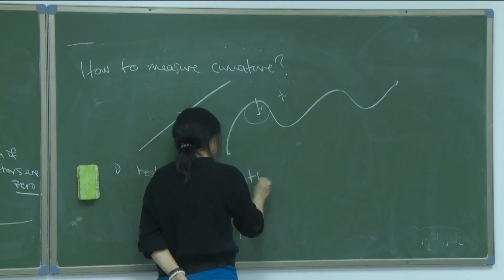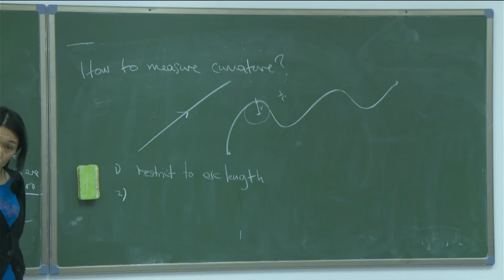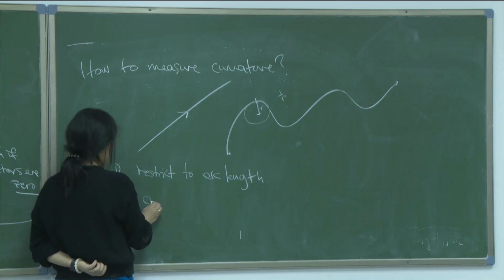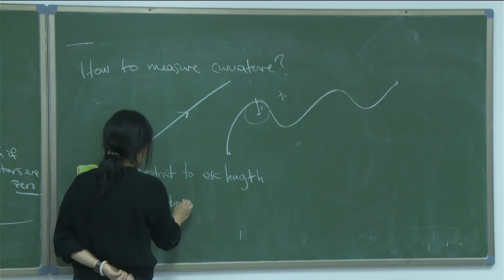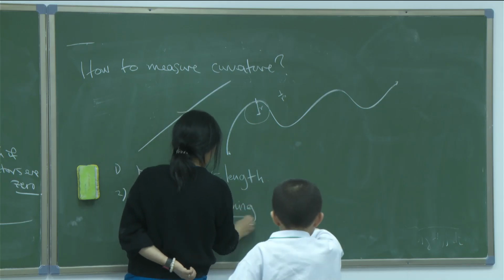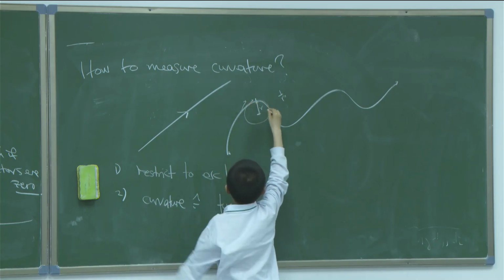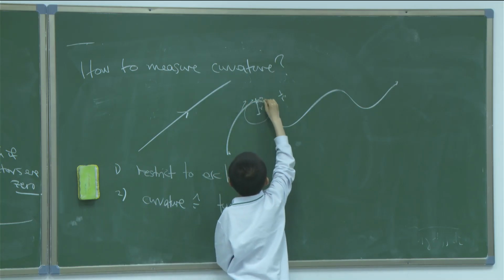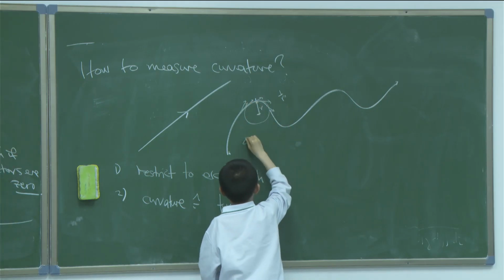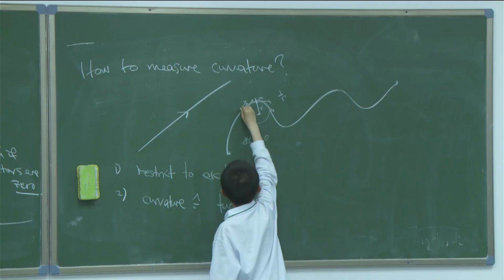The angle between two tangent vectors. We have some tangent vector here, and let delta t approach 0.